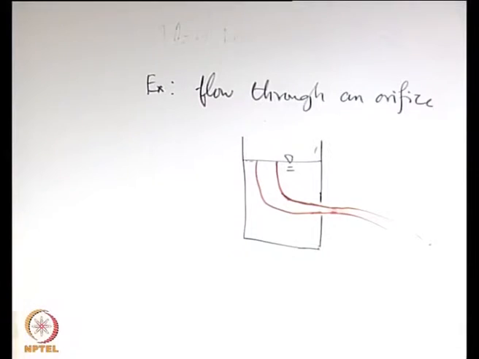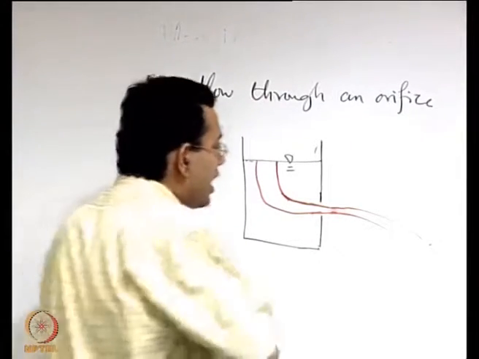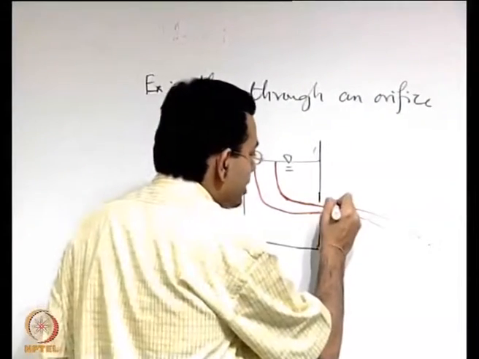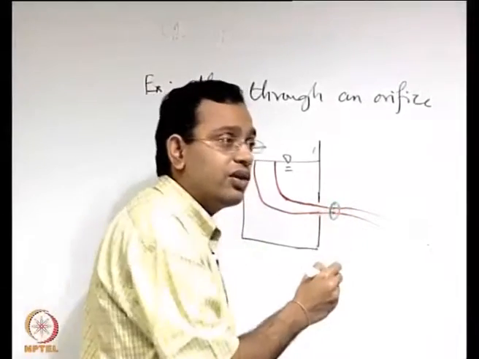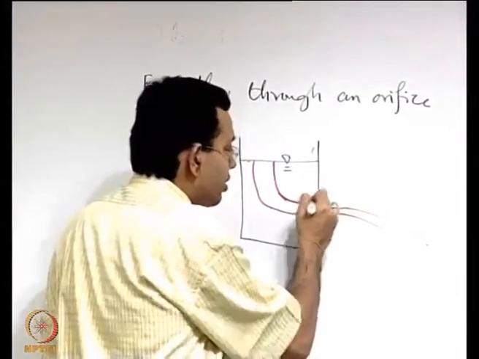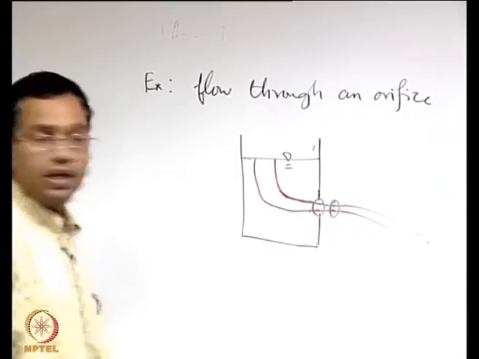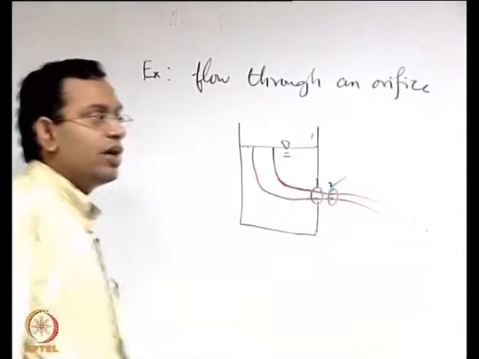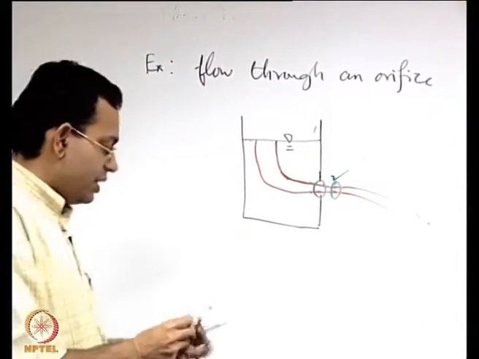So, the location where the extreme streamlines come to a minimum distance of separation is somewhere here, which is the vena contracta here, but not at the orifice.